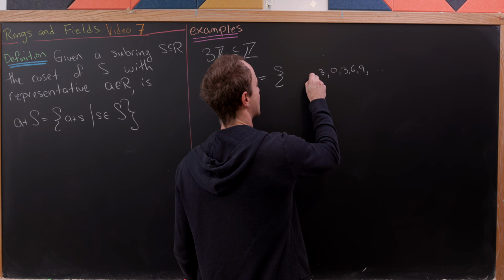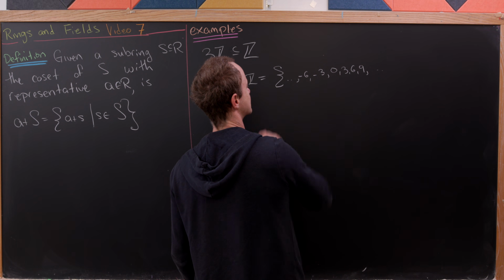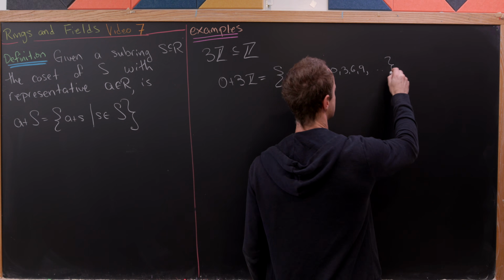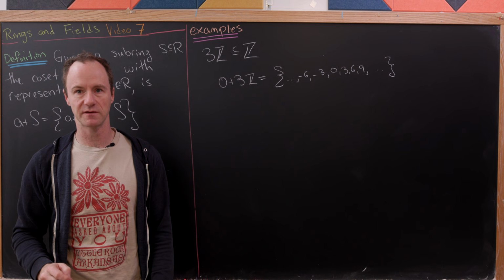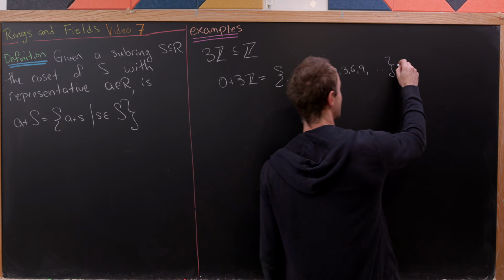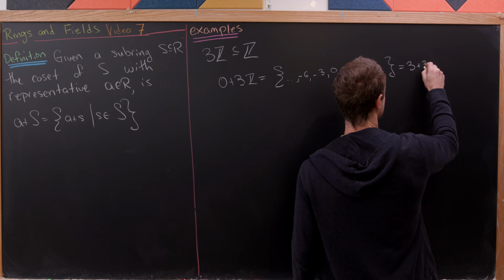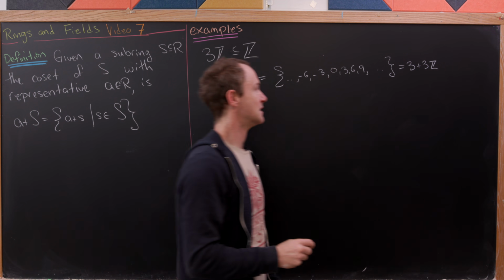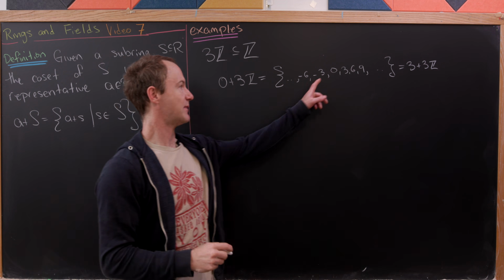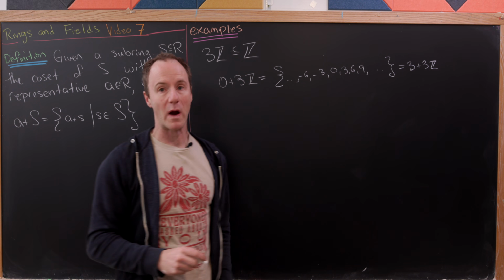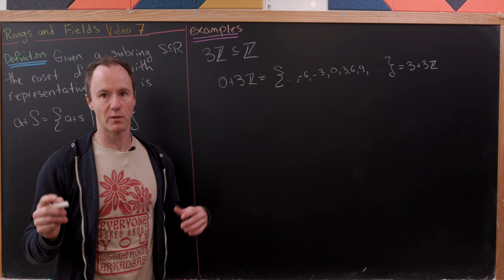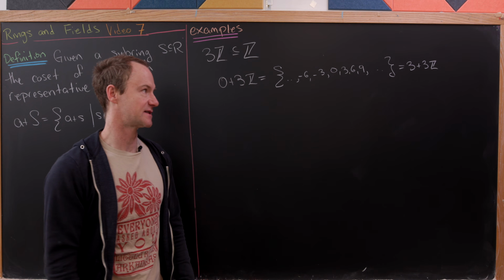But then we go back in the other direction as well, minus 3, minus 6, so on and so forth. Let's observe that that's the same thing as 3 plus 3Z, because 3 will just jump up where we are in this subring, but we're going to get the same overall set.